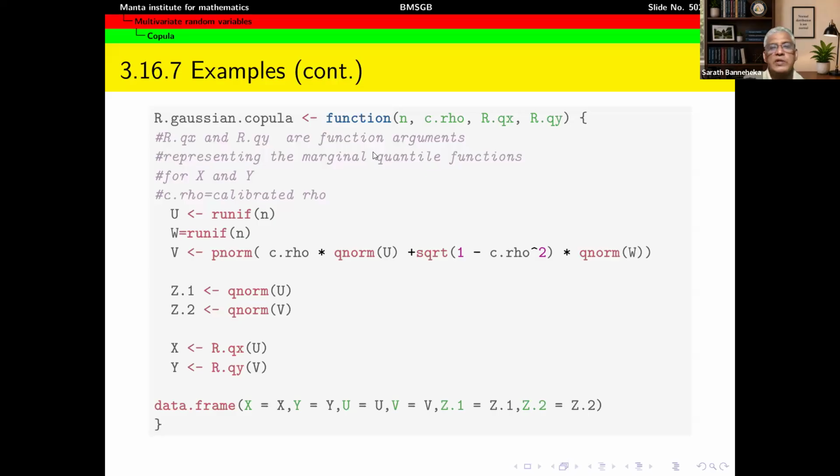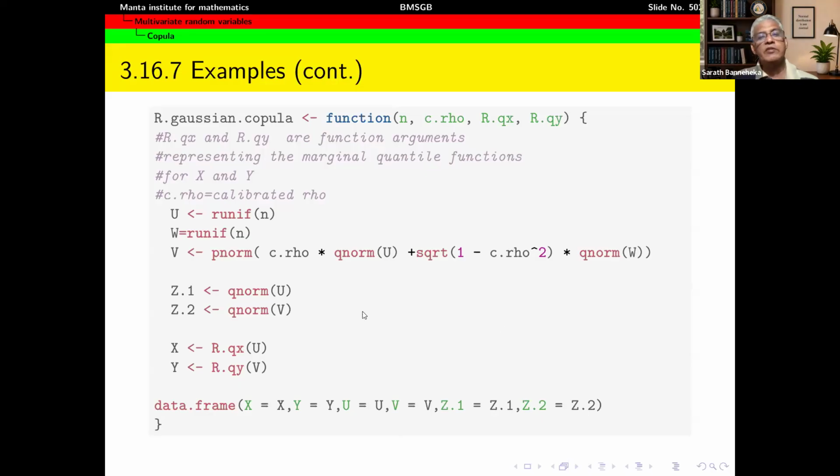In this case, RQX will be applied to the vector U coming from here, and RQY will be applied to V that is coming from this one, right? And then finally, I can get the whole data frame, including UV, XY, and if you need, Z1 and Z2 can also be obtained.